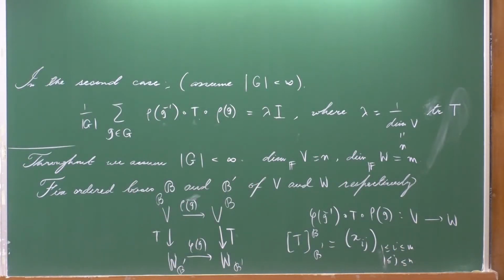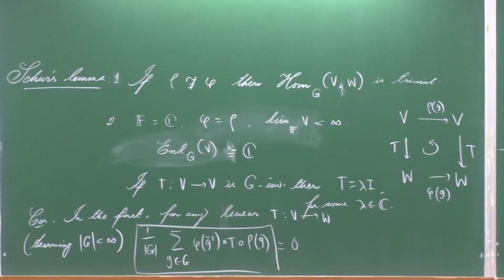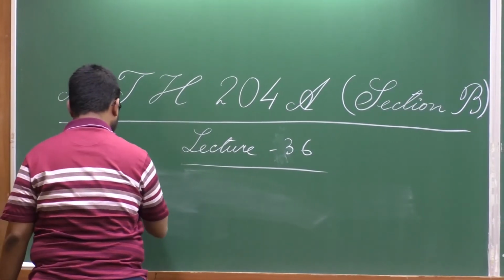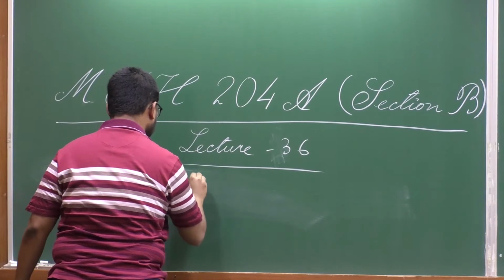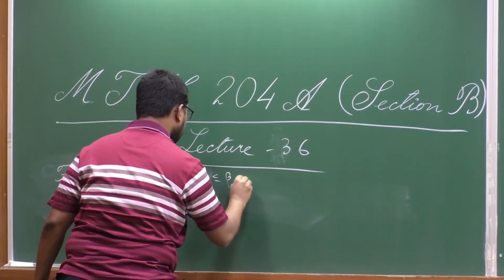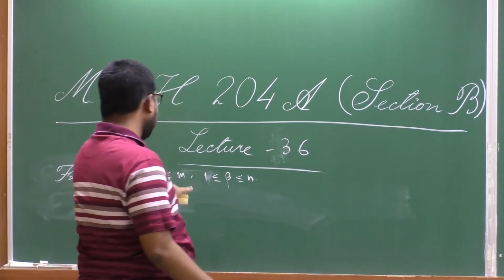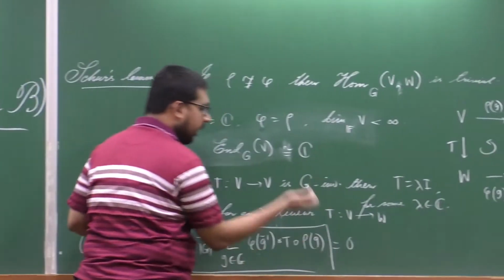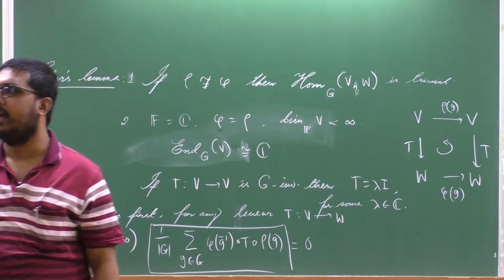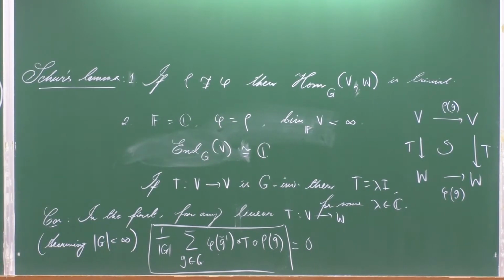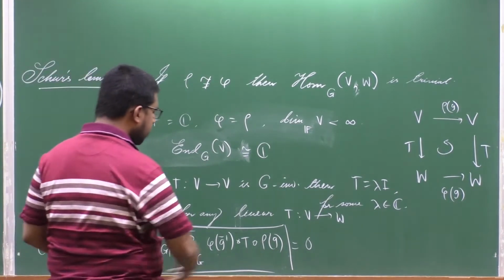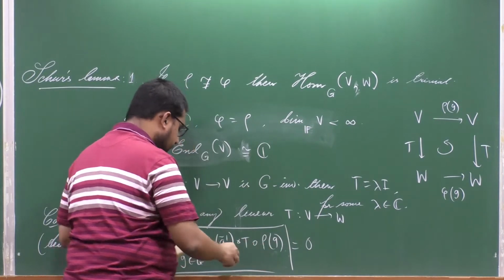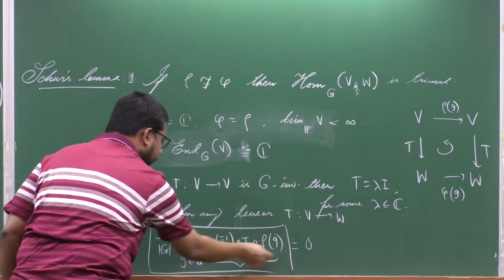So for any alpha and beta, which are positive integers, if you look at the right hand side, the entry of the matrix at the alpha row and beta column will be the sum of the entries at the alpha beta position for each of the matrices that come from this operator.